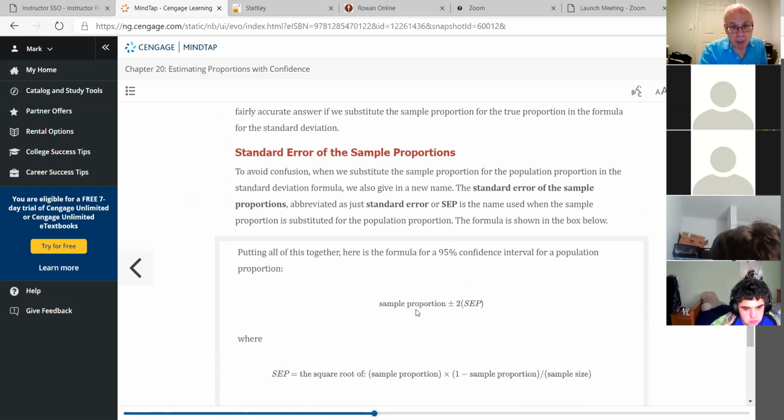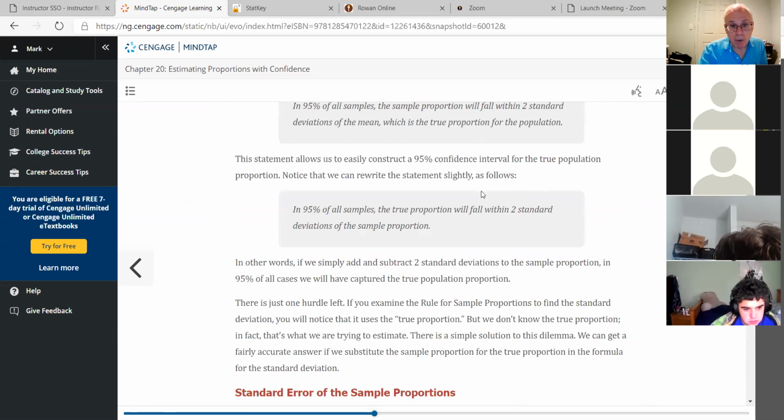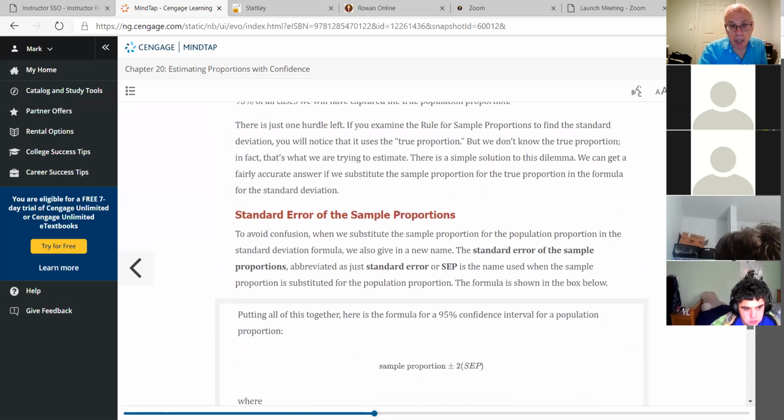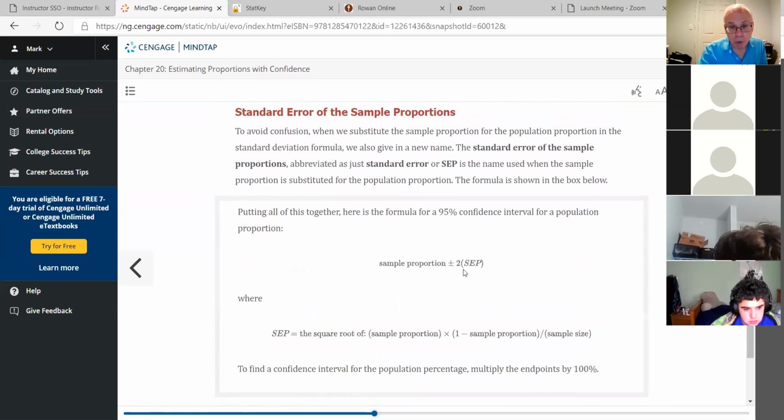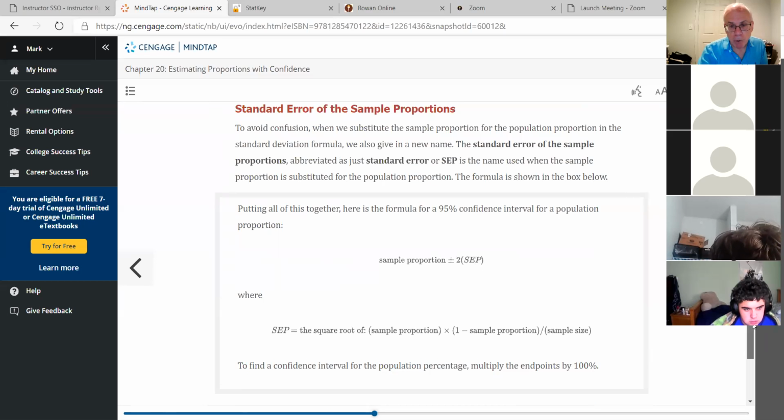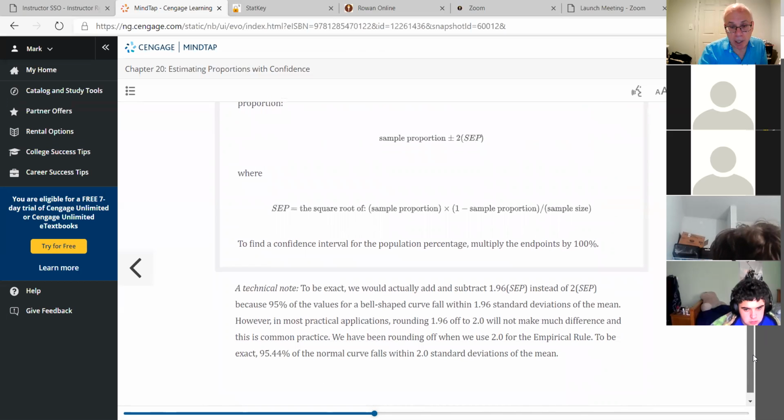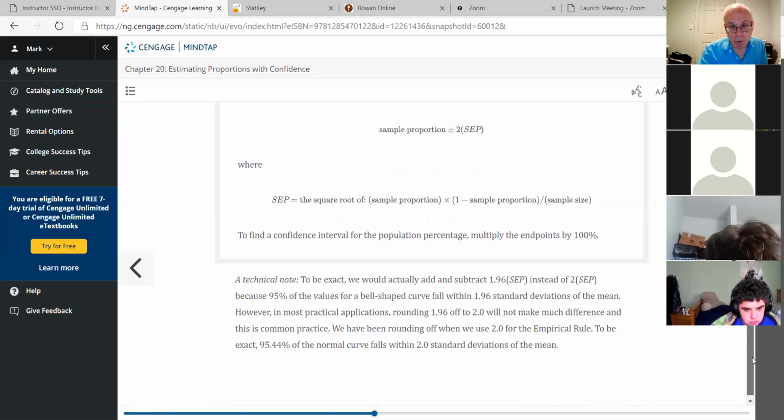They also say that if we want to create a 95% confidence interval, the margin of error is calculated by taking the standard error, which is that square root formula, and multiplying it by approximately 2. Then 2 times that standard error is our margin of error. You don't need to know that for this course, but I'm showing it to you because if you were taking a real stats course, that's what you would be using.